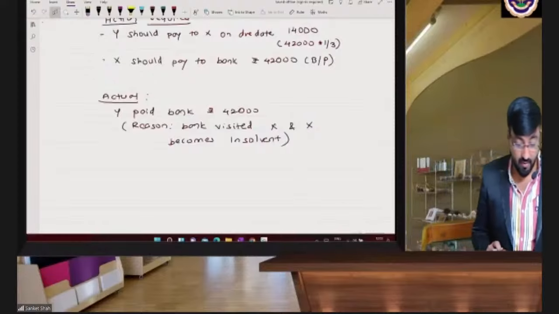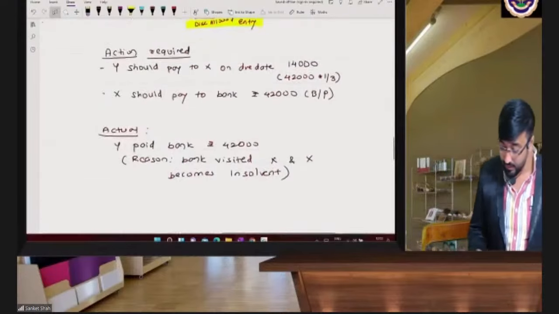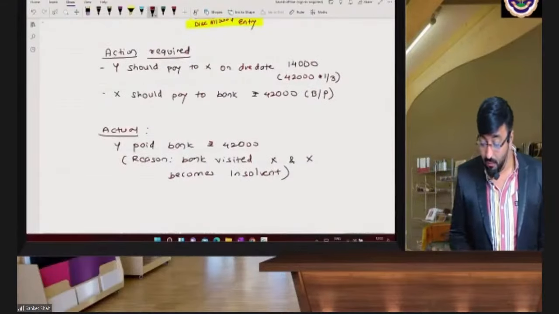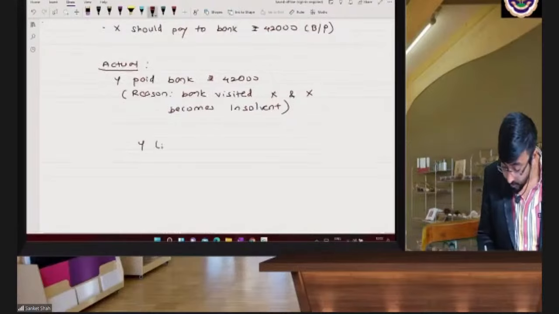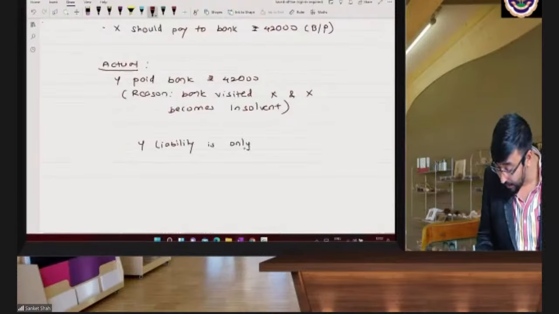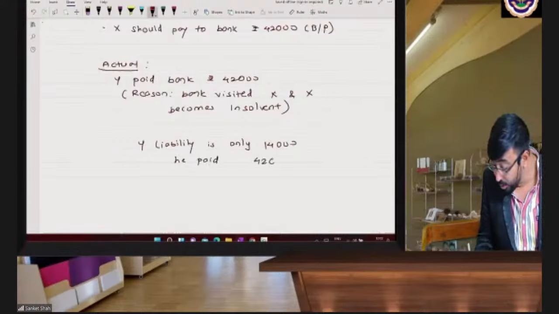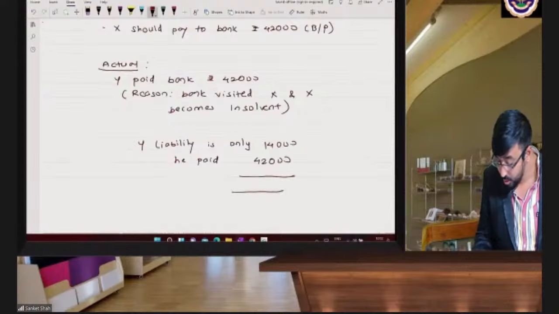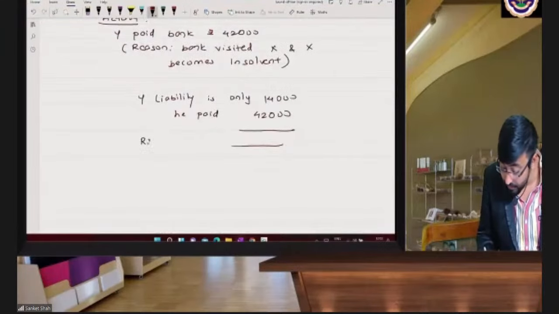Okay. Now see, actually Y's liability is only 14,000. See, only 14,000. But he paid 42,000. So what is the amount receivable from X?